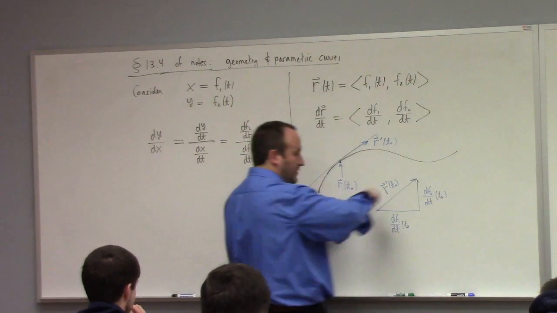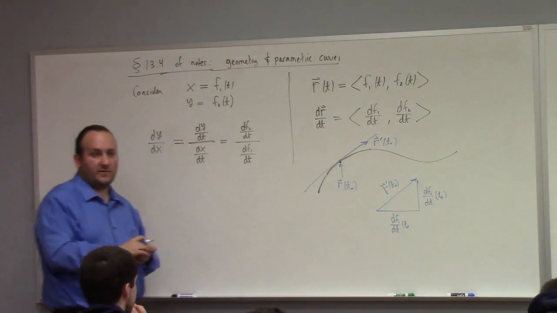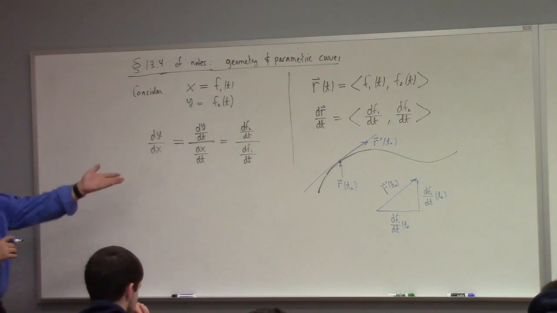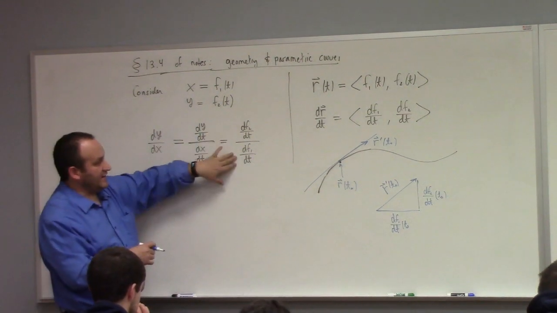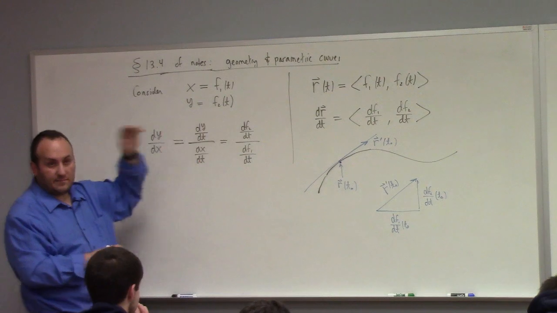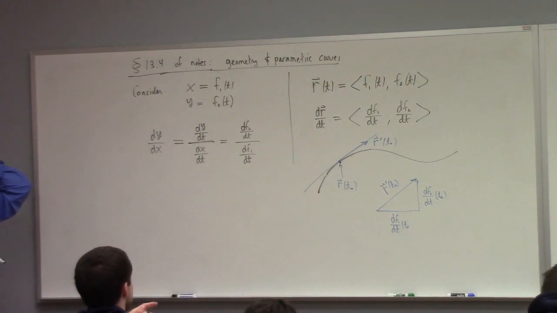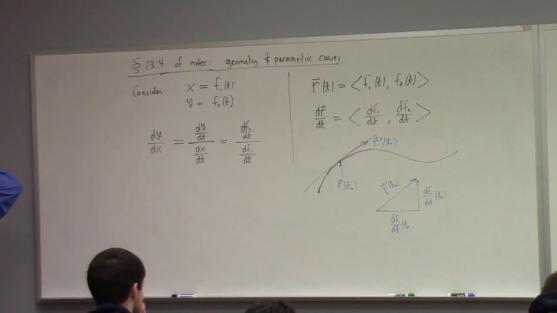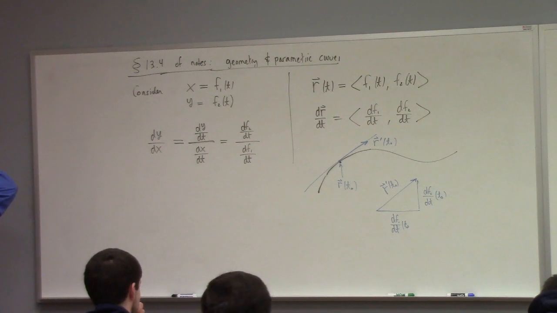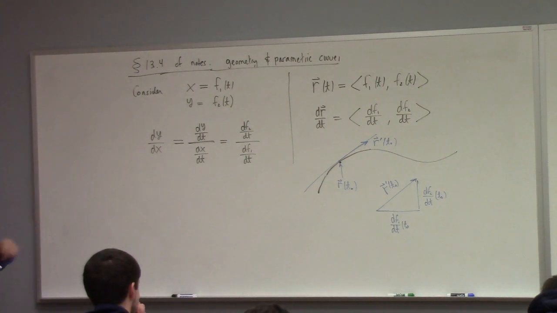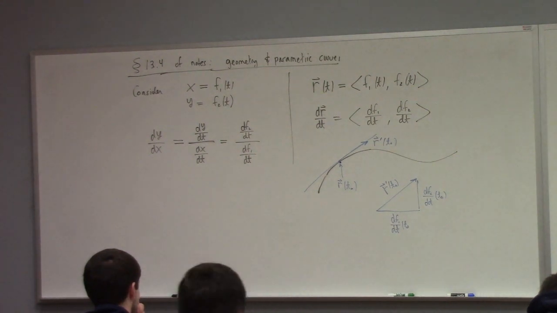So the slope would be rise over run, which is exactly df2 dt divided by df1 dt at t naught. It is kind of amusing to think about this as just being because the dt's cancel, right? But that's not a derivation. That's just a fortunate quirk of the notation, yeah?